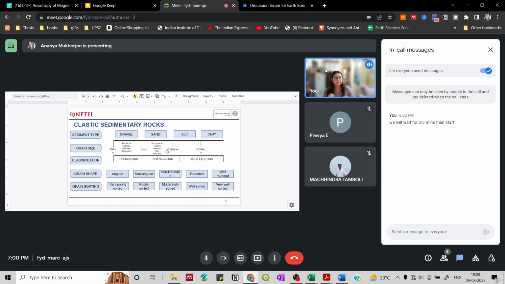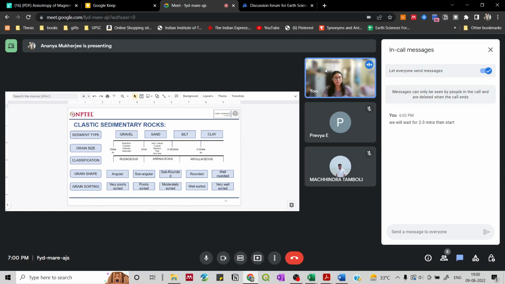And anything less than 0.062 millimeter will be silt, and then lower than 0.004 millimeter in diameter, you have clay. Okay, these are the diameters of the sediments. Now, according to the grain sizes, you have the first classification, that is rudaceous.